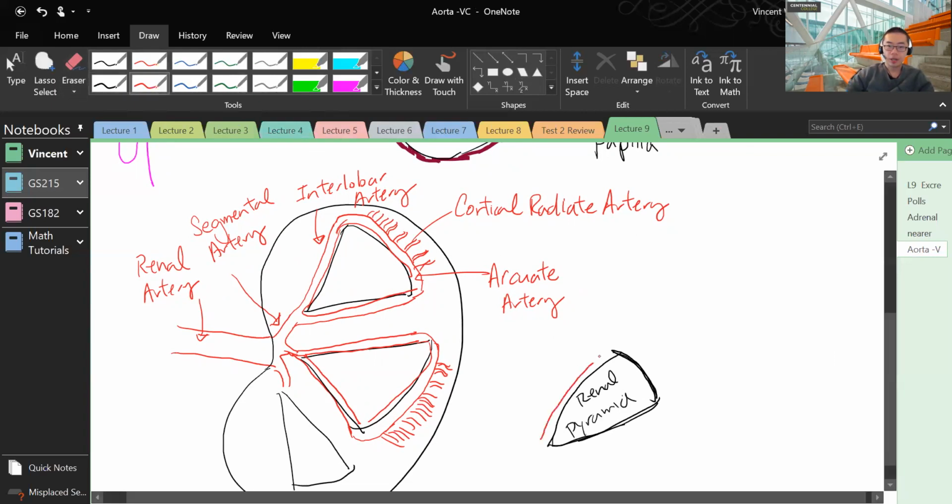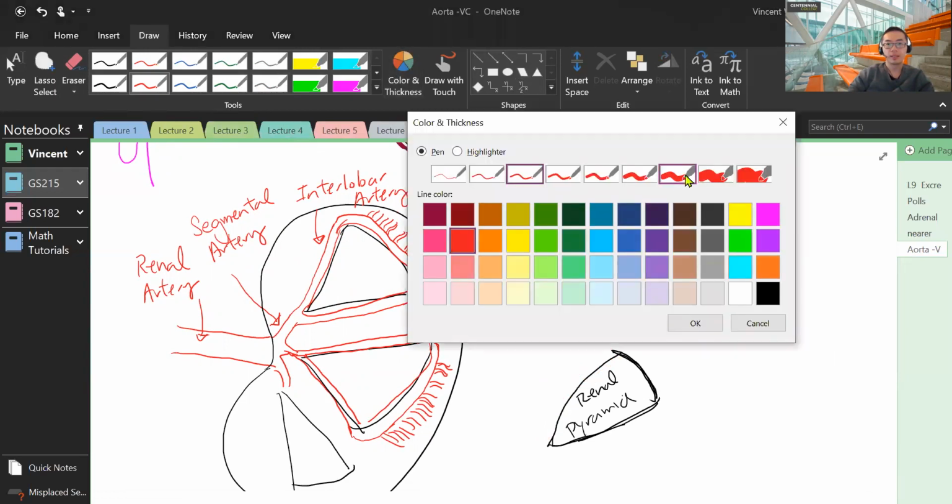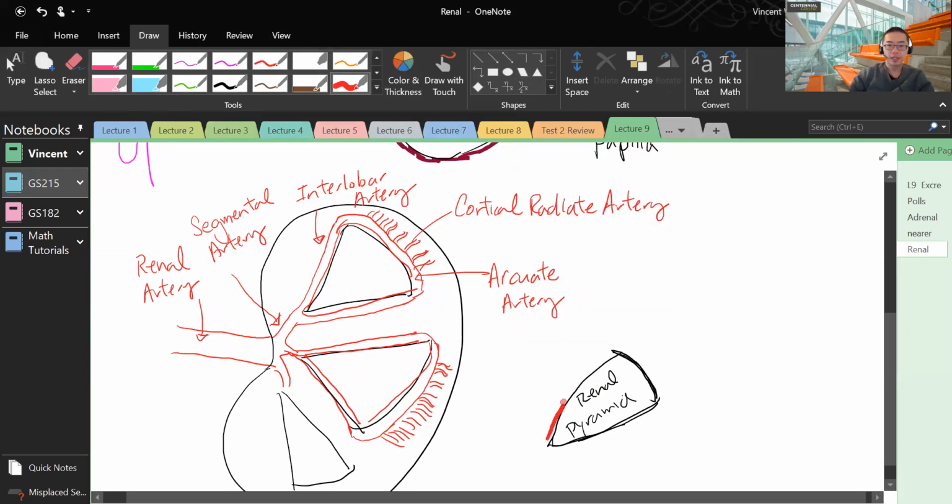We have the interlobar on the side, coming up from the segmental, then the interlobar, and then the arcuate on the outside. And then we have all these smaller ones that are coming up.